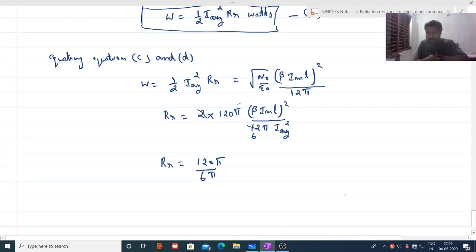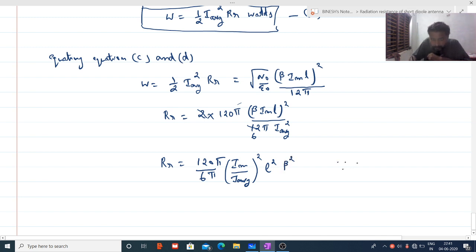So what will it be? 120 pi by 6 pi, times Im by I average, the whole square, that term. And the next term is nothing but L square, beta square.